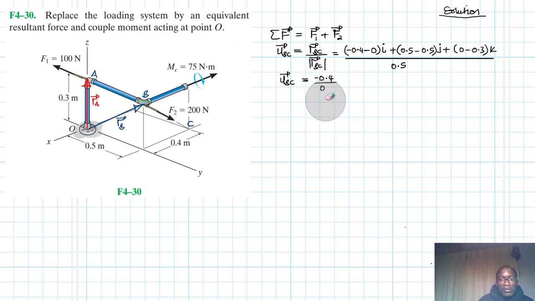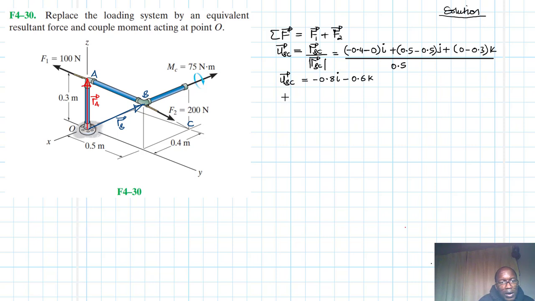Let me just simplify it further, so that I just want to write one expression. This is minus 0.8 I, and then we have minus 0.3 divided by 0.5, this is minus 0.6k. So this is the unit vector.